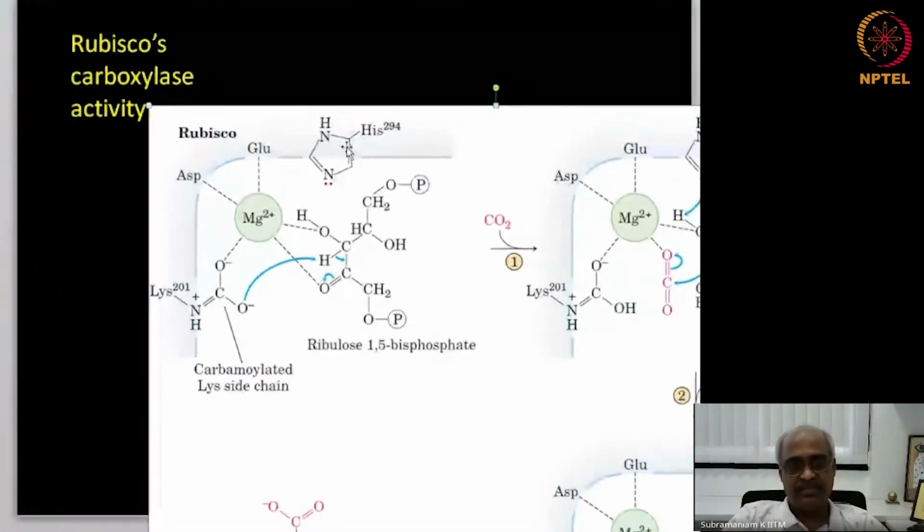But for catalysis, this nitrogen becomes important, and that is why that is shown here. And this is the carbamoyl side chain. You know, carbamoyl is NH2COOH, carbamic acid. Here the lysine side chain NH2 is in carbamoyl form with this carboxylic group. And so this one is abstracting a proton from the substrate.